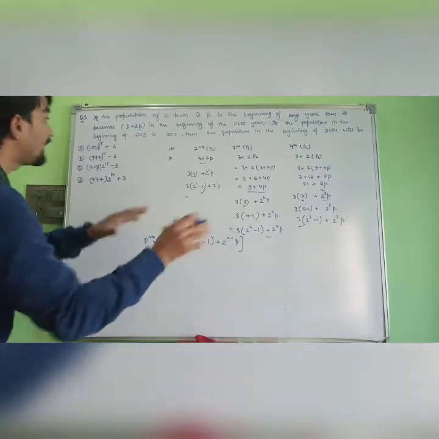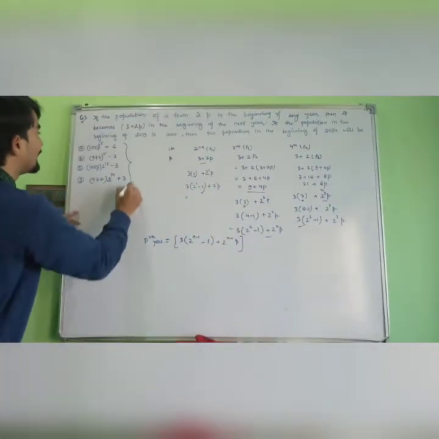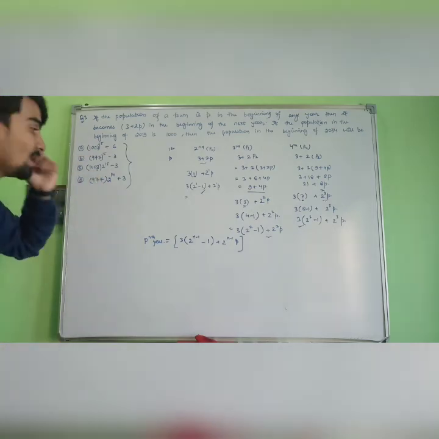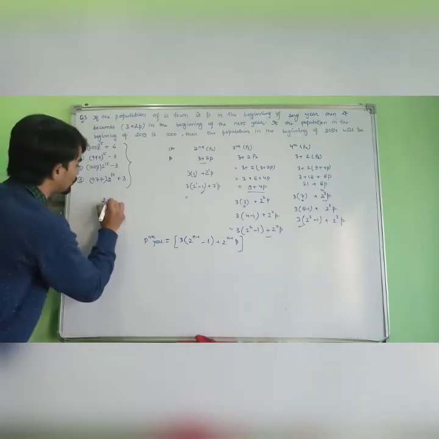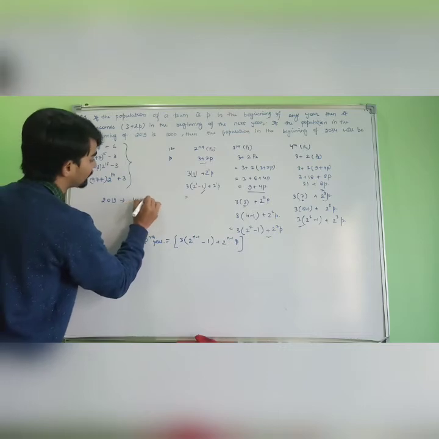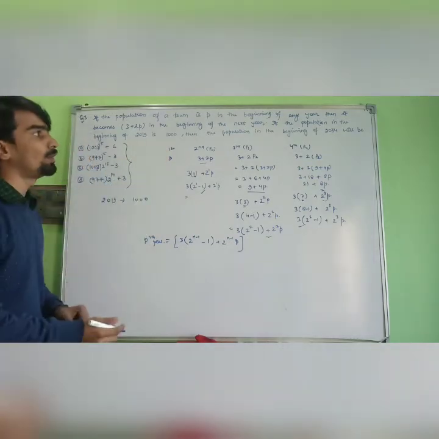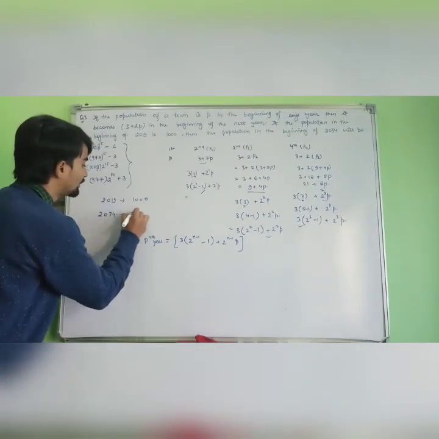And why are we doing this? The main reason is that the options are given in this form, like 2 to the power something. The question says that in the beginning of 2019 the population is 1000, and we have to calculate the population in the beginning of the 2034th year.